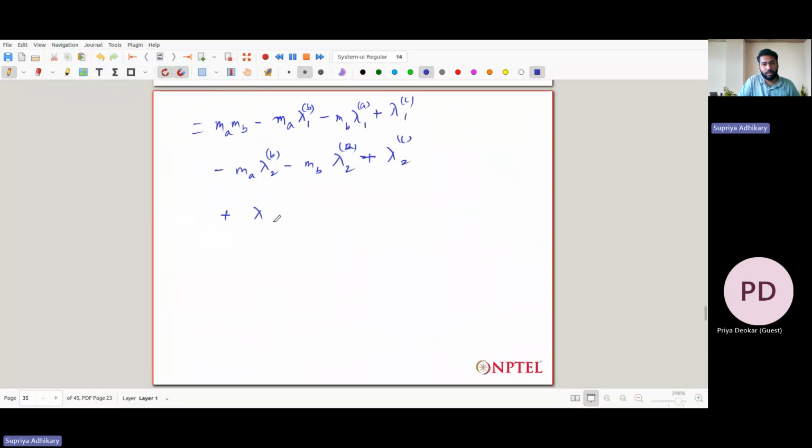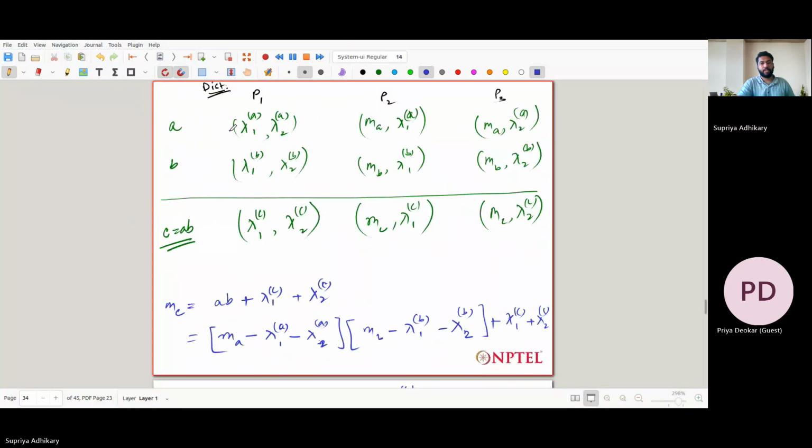This plus lambda 1A lambda 1B plus lambda 1A lambda 2B plus lambda 2A lambda 1B plus lambda 2A lambda 2B. So you can check that this term can be reduced to this.